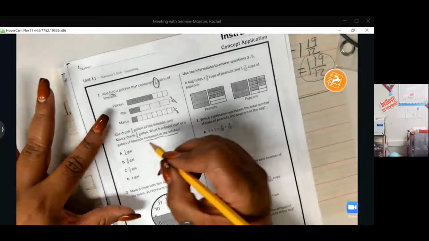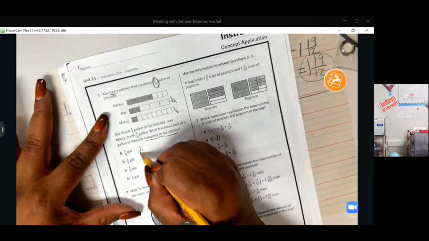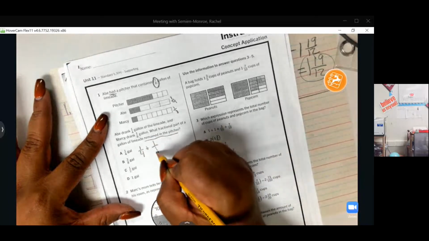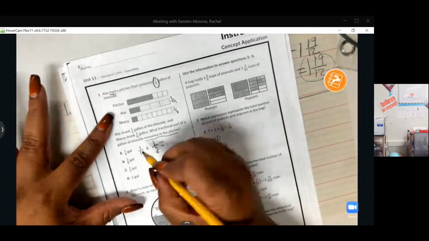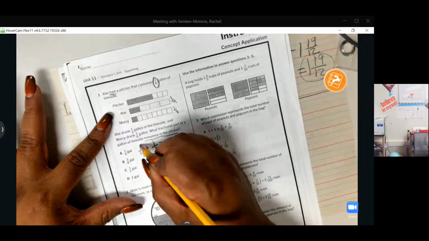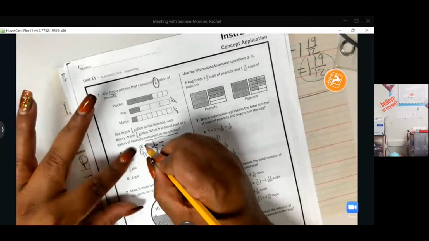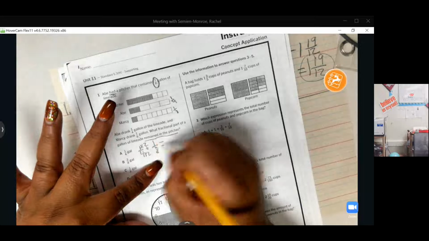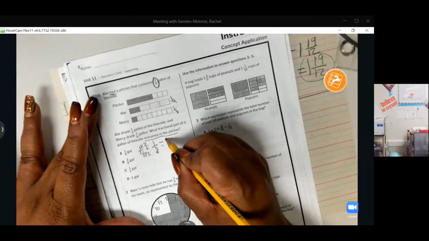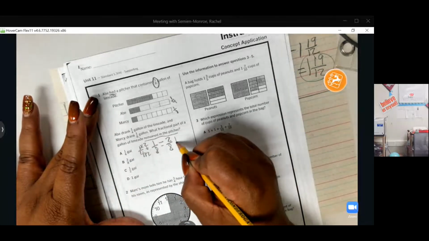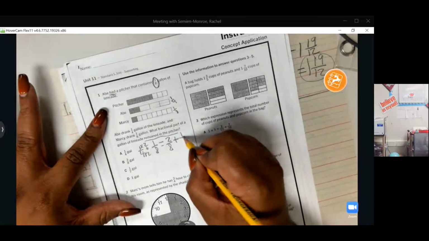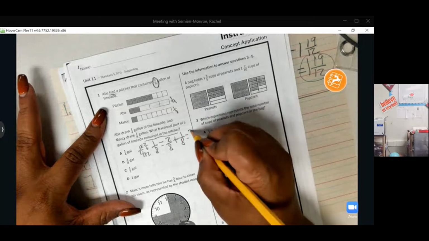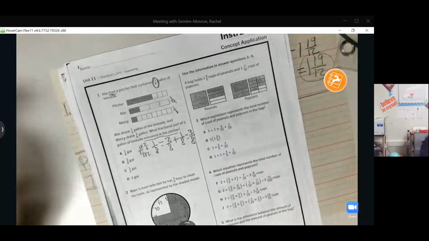If I have 1/4 plus 1/8, that is going to equal, what can get me 1/8? 4 times 2. Whatever I do at the bottom, I do at the top. I don't have to do anything except bring this over. So now I have 2/8 plus what? 1/8. That's going to give me 3/8.